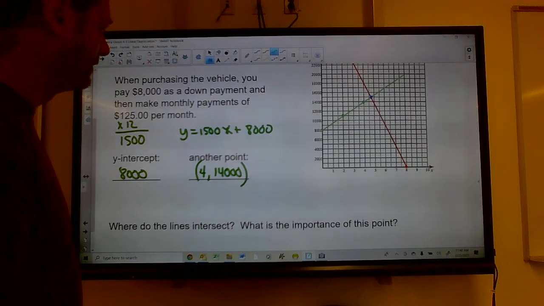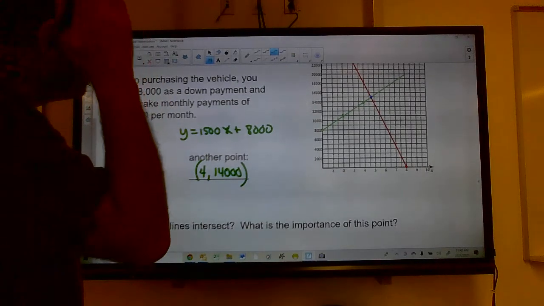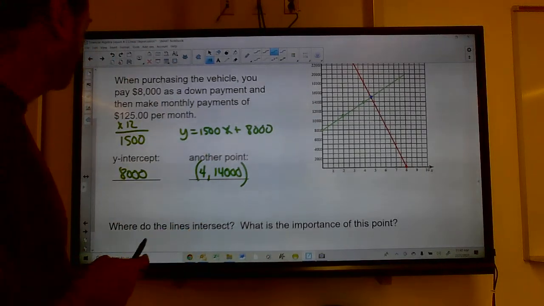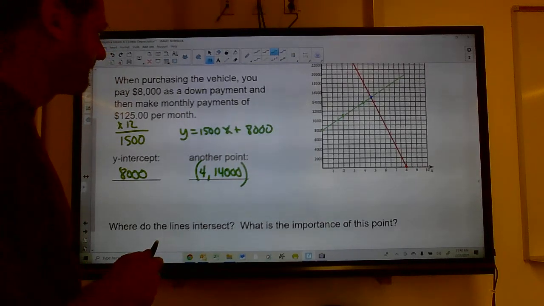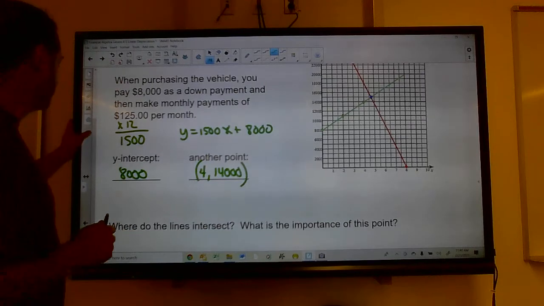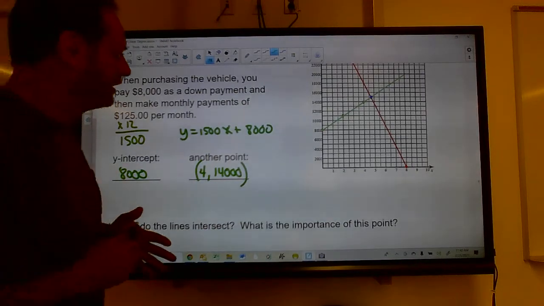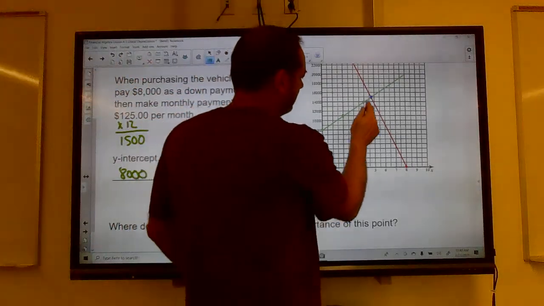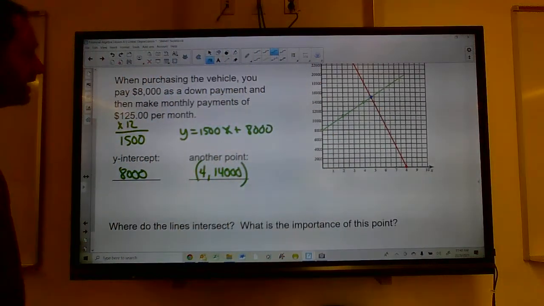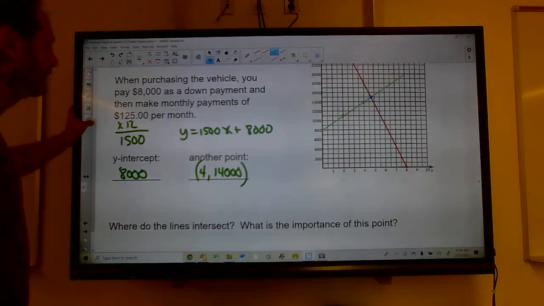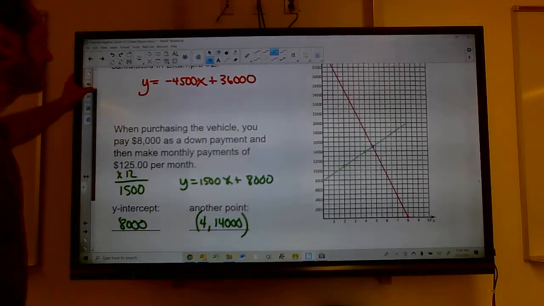So, let's see. The best way to do that. Actually, the best way, since this kind of falls in between here, and I can't really tell what the x or the y really is, the best way to find exactly where that is to take the two equations.